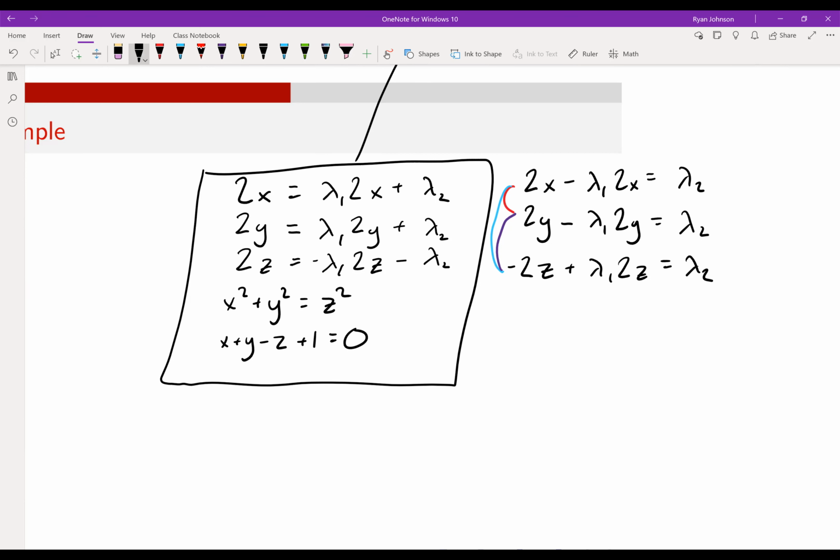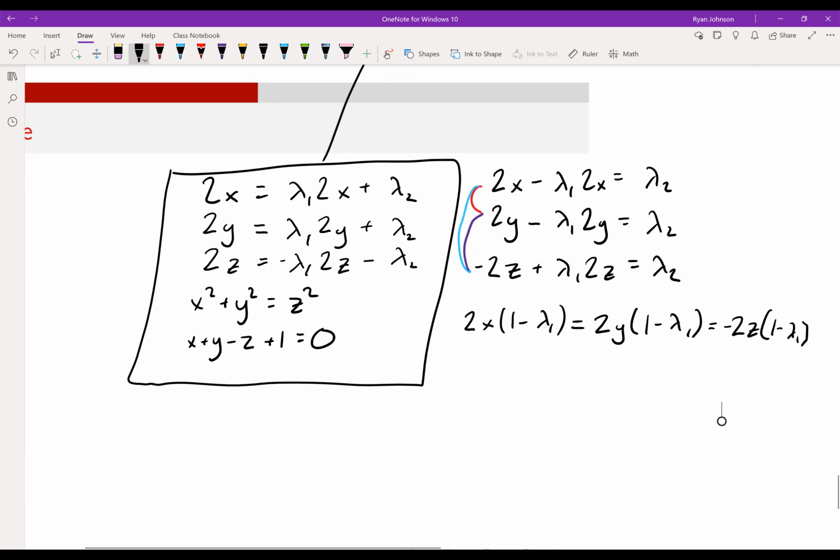So 2x times 1 minus lambda 1 equals 2y times 1 minus lambda 1 equals basically like a negative 2z times 1 minus lambda 1.